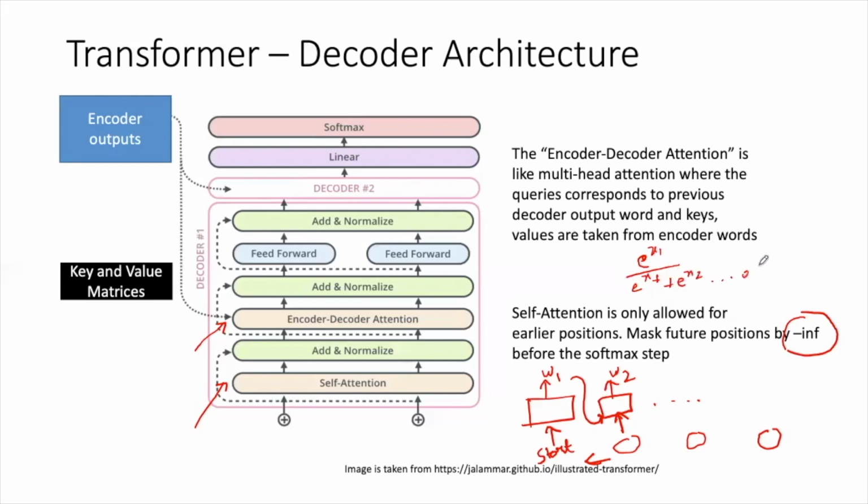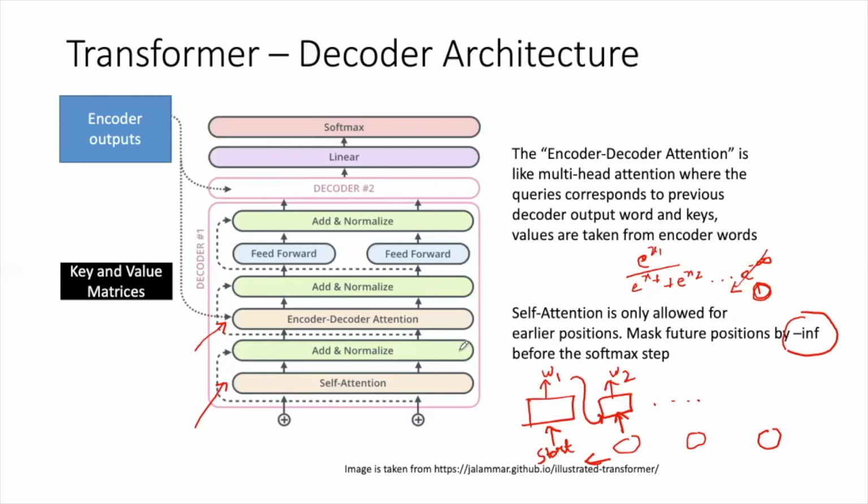So if something is -infinity, its e power term turns out to be 0. That way it's not adding any score to the score computation. That's what is typically done to ensure that we don't use the future units.